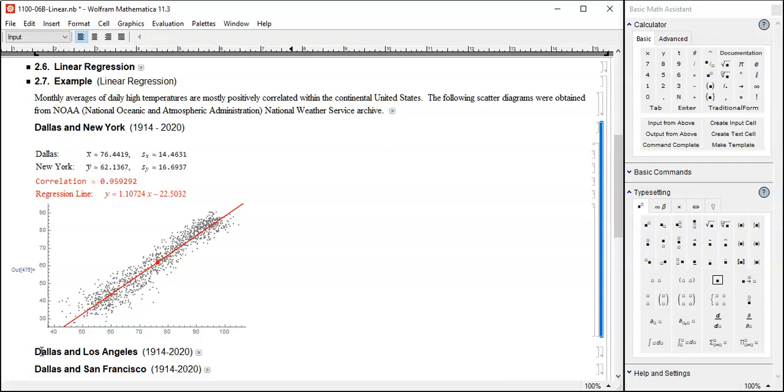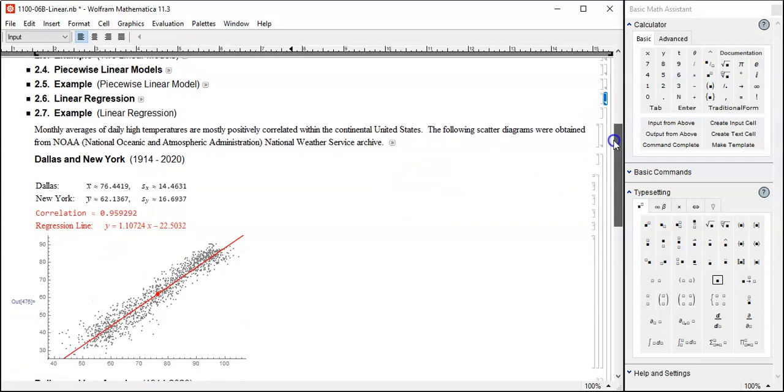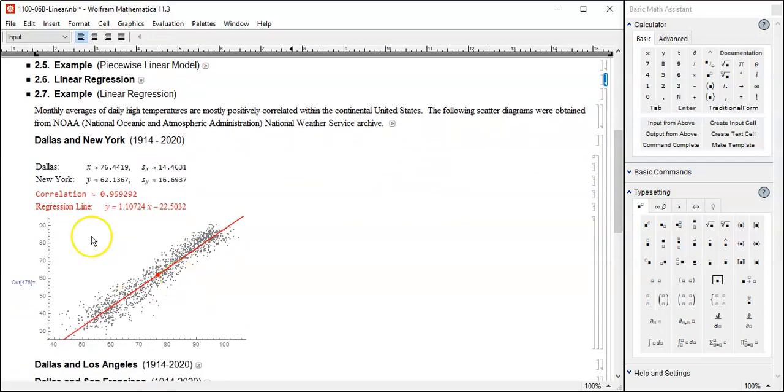This kind of line is called the regression line, and the technical way to get this formula is right here, whatever that thing is talking about. But if you use technology like I did, you can get it. Of course, it has to run through the average point. So the average temperature for Dallas is X coded, and the average temperature for New York is Y coded.